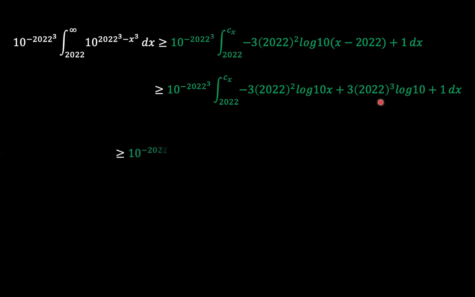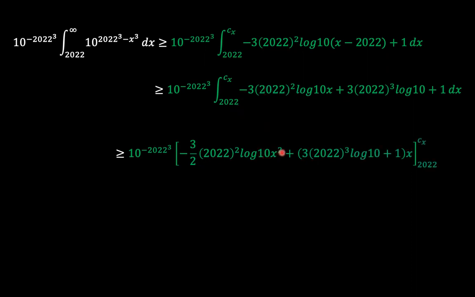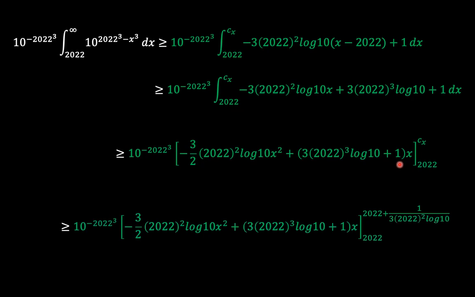And so focusing on the integral, we now have negative 3 over 2, this constant, obviously, log 10, x squared, and then this constant times x. Now we already know what Cx is. We can put our Cx there. It's just this fraction plus 2022, right?